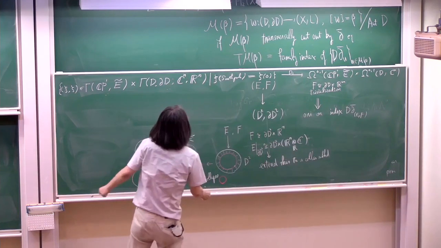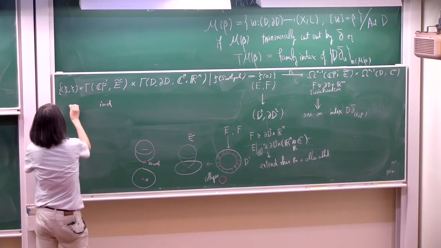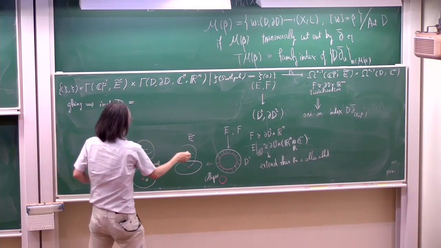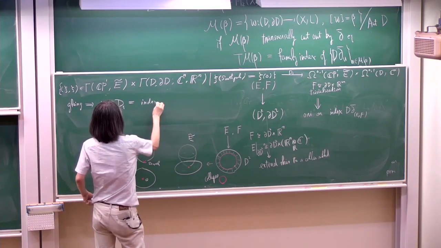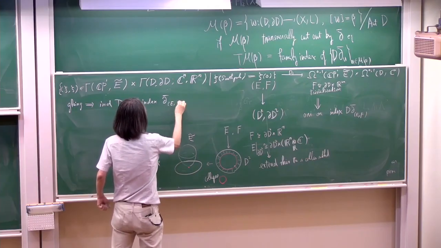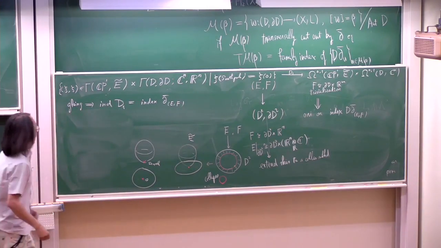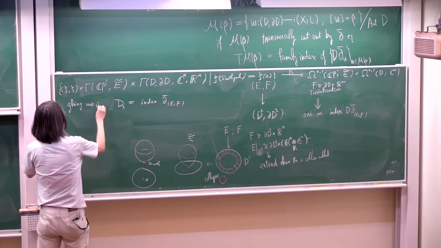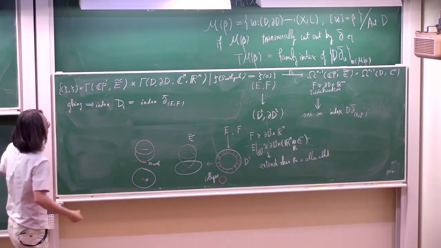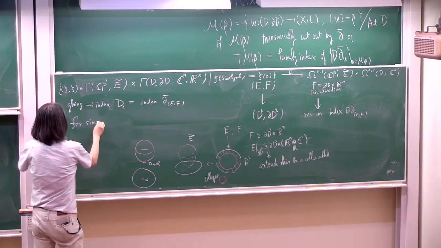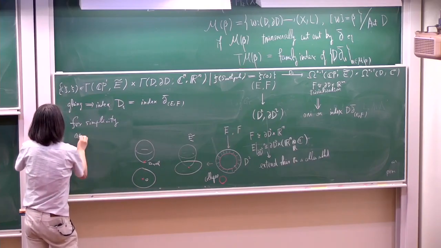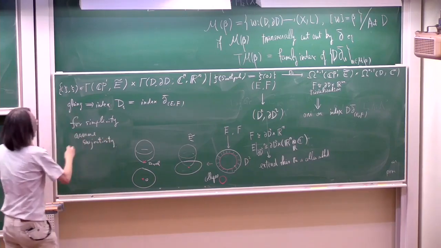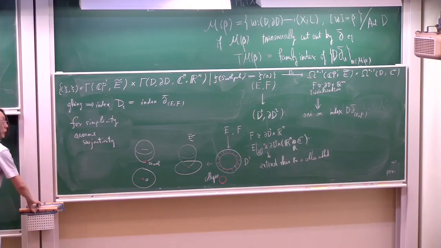And then by the linear gluing theorem, the index of D of 1 is equal to the index of this original operator, D bar of E. So for simplicity, assume surjectivity, and just regard indices as kernel spaces.